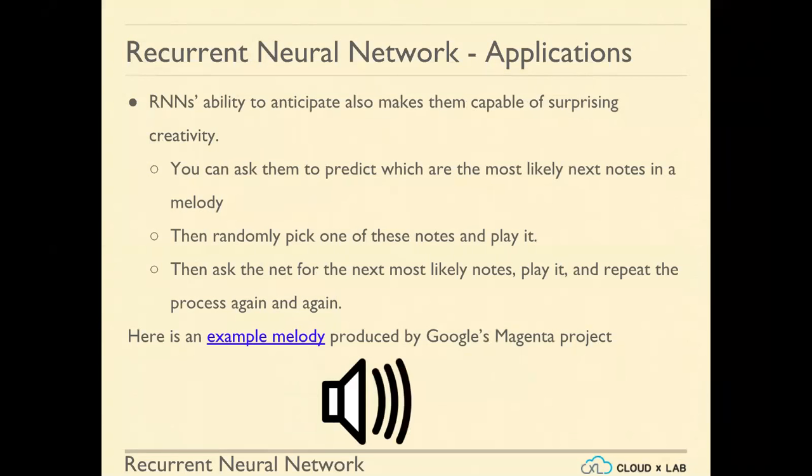So you could train the RNN on a lot of melodies, and then based on the past sequence of the notes that you have played, it can suggest the next notes, and that leads to the creativity, to generative machine learning models. And here is an example of a melody.